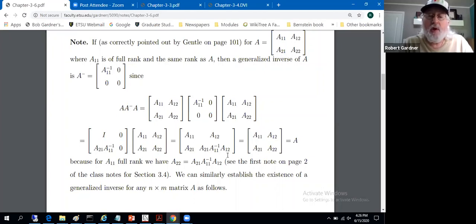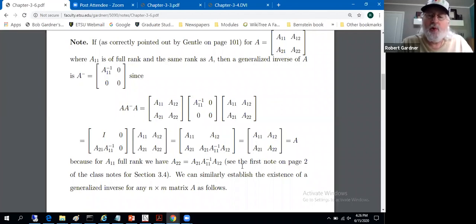We've seen, when we were doing the Schur decomposition stuff, that in the event that we have a full rank matrix up here, it must be that this A22 entry down here equals, remember, this one times the inverse of that one, times that one in that order: A21 times A11 inverse times A12.